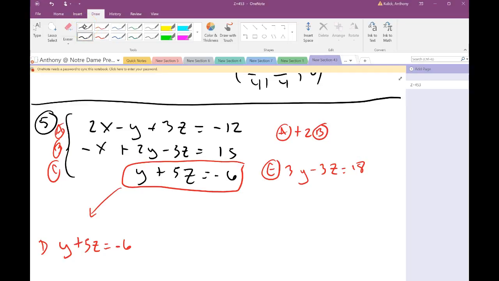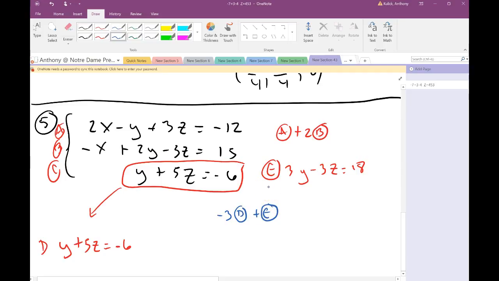Okay. And then what I'll do, I guess I'll probably eliminate the y's. That seems like the next easiest thing to do. So I'm going to do negative 3 times equation d and add it to equation e.